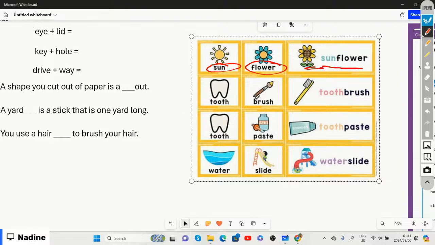The same with tooth plus brush. Tooth plus brush equals toothbrush. All right, then we have tooth plus paste.